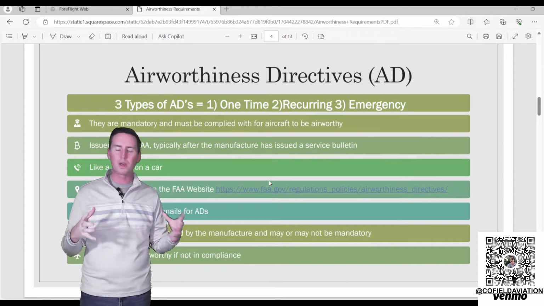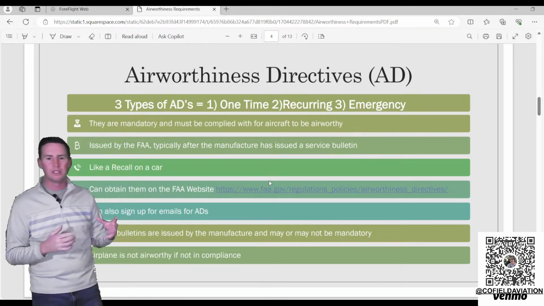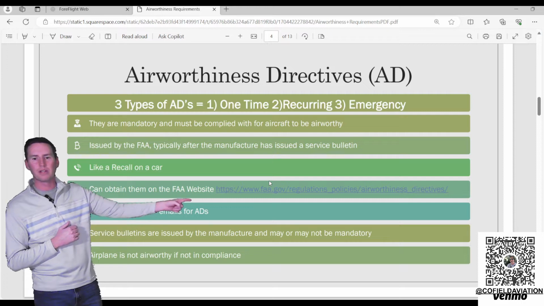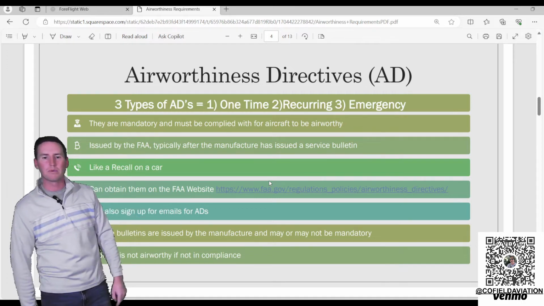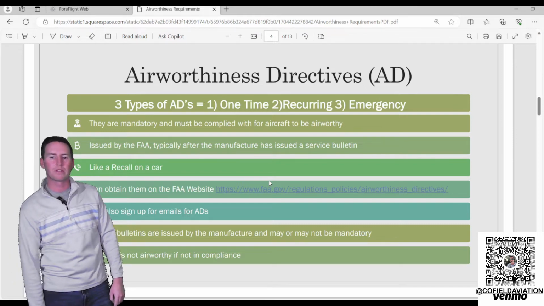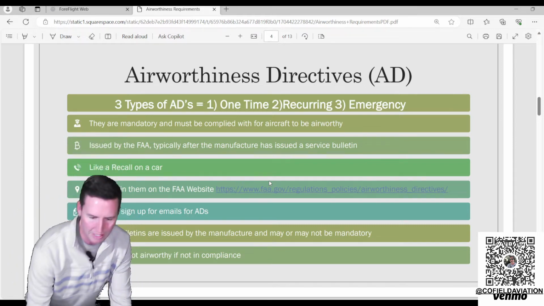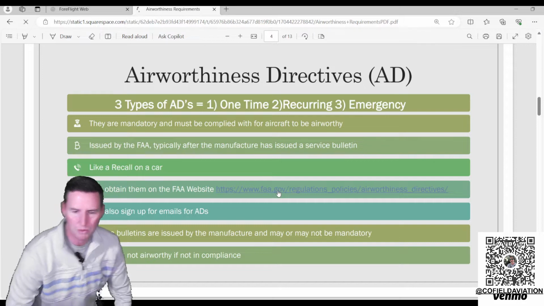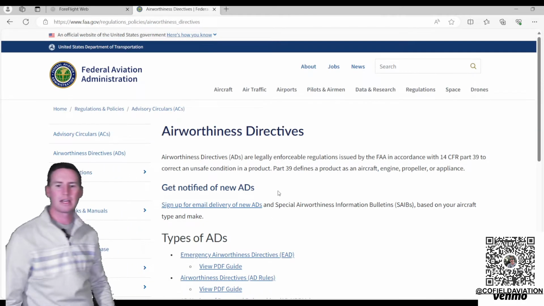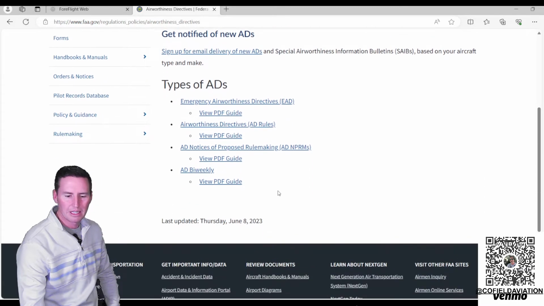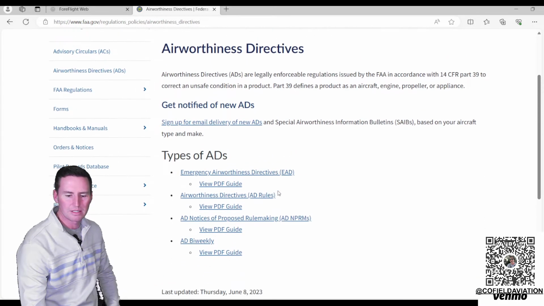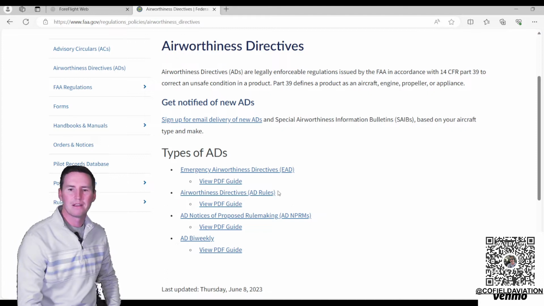Now, where do we find these ADs? So if you'll look right here, you can locate them on the FAA website. I have a link right there where we can pull up the airworthiness directives. So I'm just going to do that real quick so I can show you how you do this. One cool thing about this as well is you can actually sign up for email.